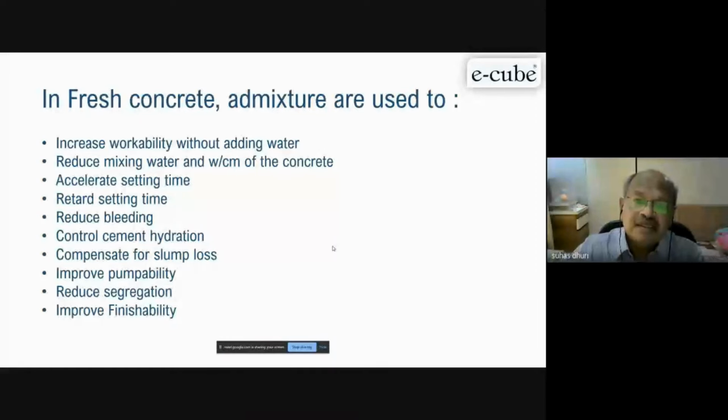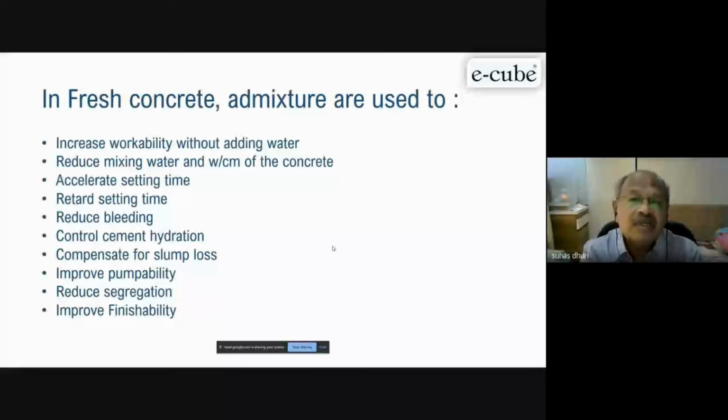In the whole ingredient list of concrete, water is the lighter material: water is 1, cement is 3, aggregate is 2.8. So this is the lighter one, and it will come to the surface if it is in excess quantity. So when you are designing, you have to take bleeding into account.